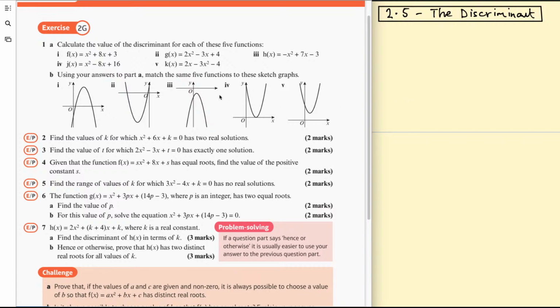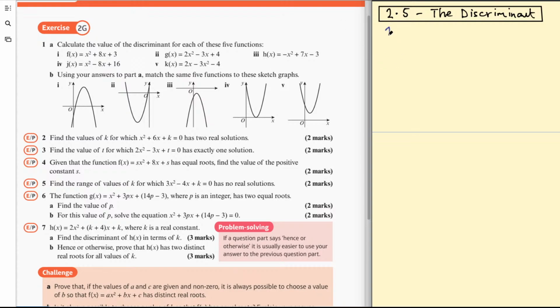Okay, so let's do some examples. Firstly, it says calculate the value of the discriminant for each of these 5 functions. This is just trying to get you used to the discriminant and what it is. So let's just do a couple of these.